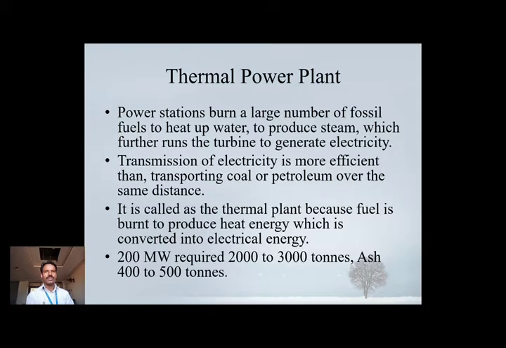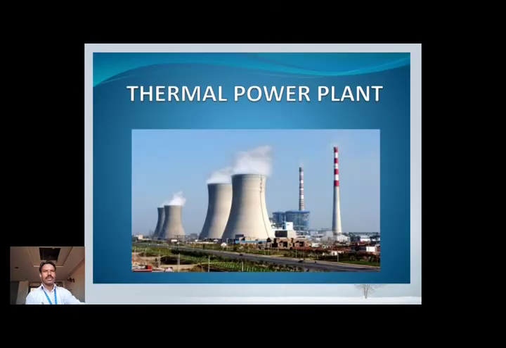Nowadays we can use it to form bricks, and it is also used for medical applications. But we need space to store the coal and ash in the thermal power plant. It requires a lot of space. That is the thermal power plant.